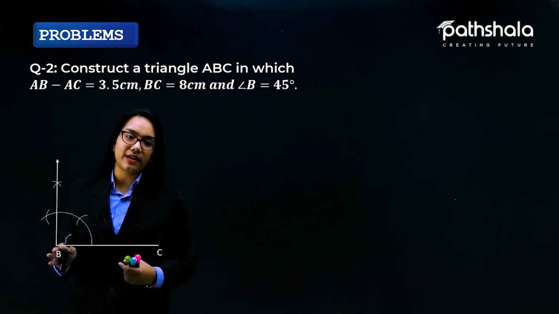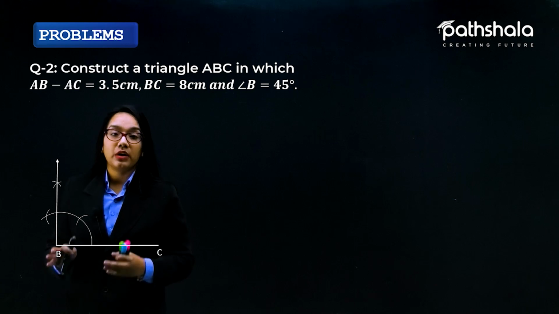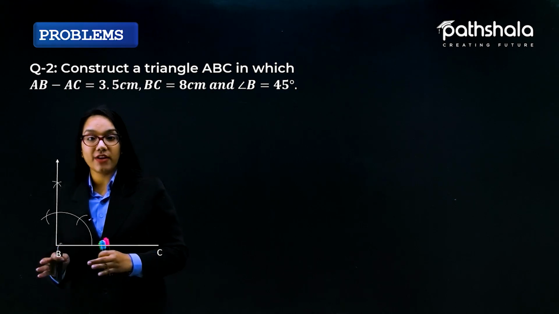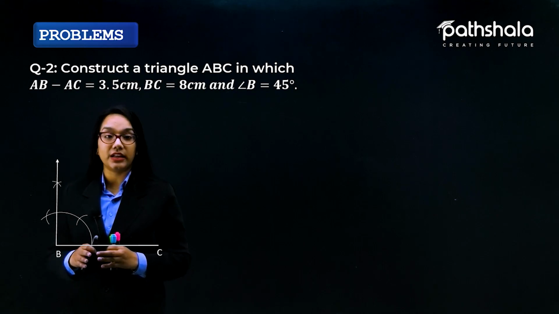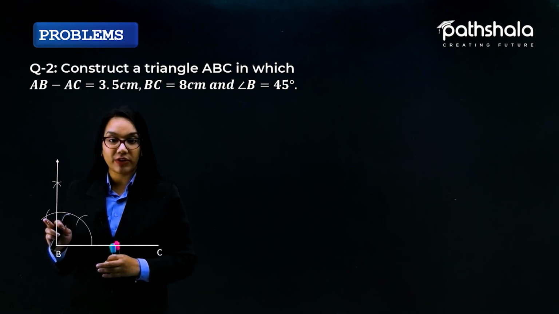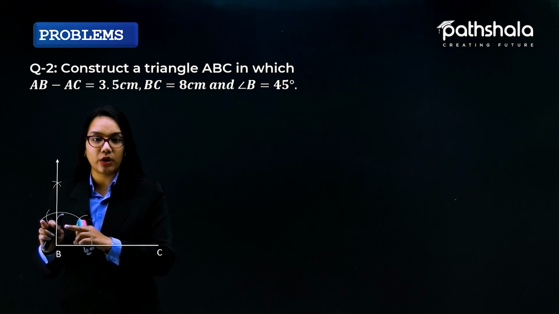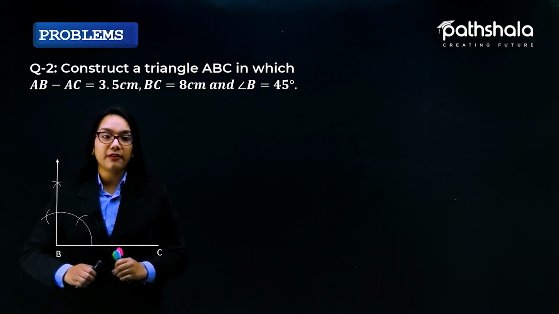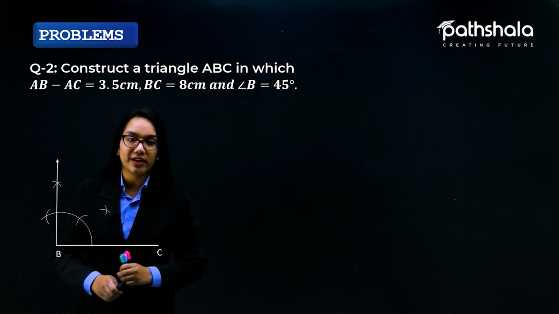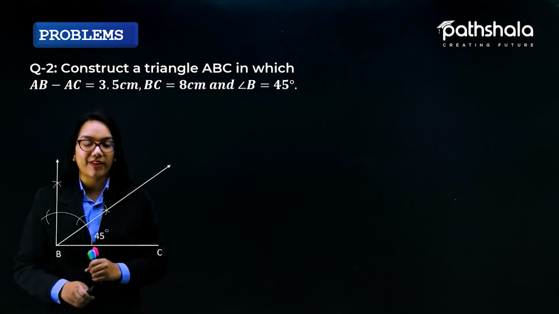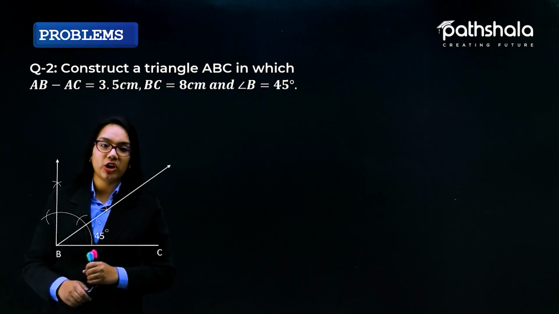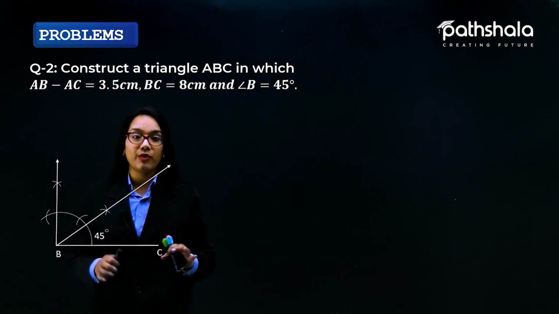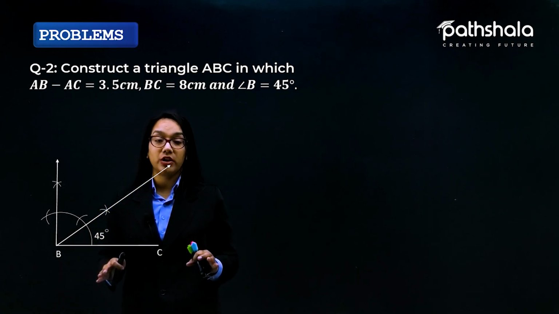So this is an angle of 90 degree, and after the angle 90 degree, we have to construct the angle 45 degree, because 45 is half of the 90 degree. So using this point of intersection and this particular point, now again I have to construct an angle of 45 degree. We know how we can construct the angle 45 degree.